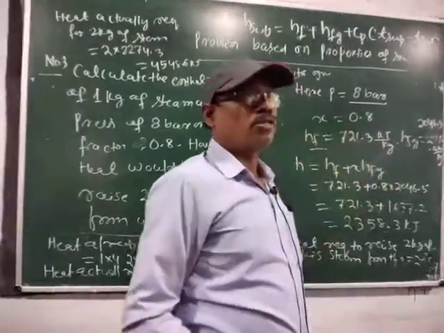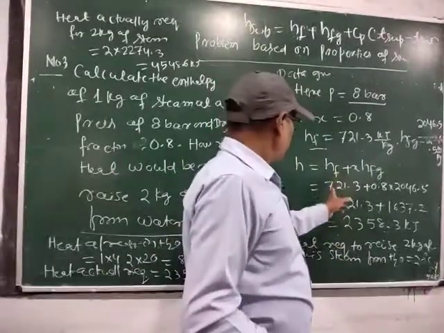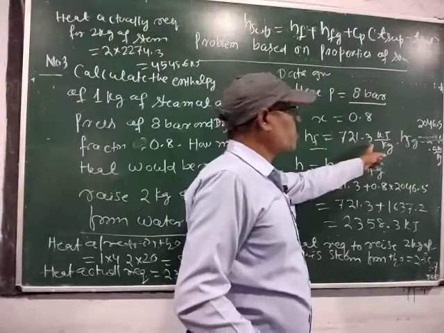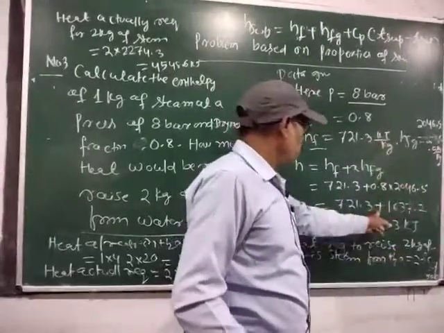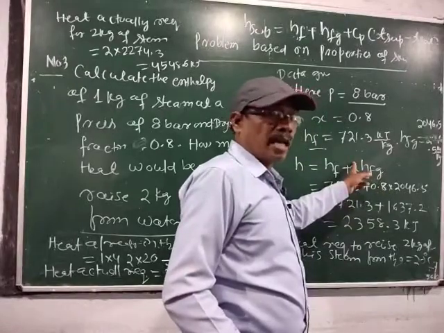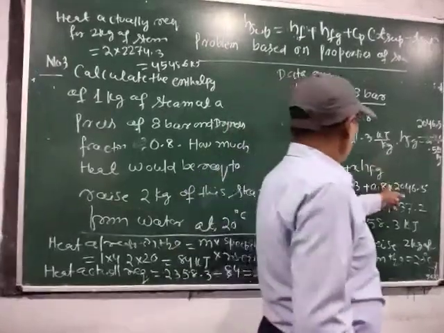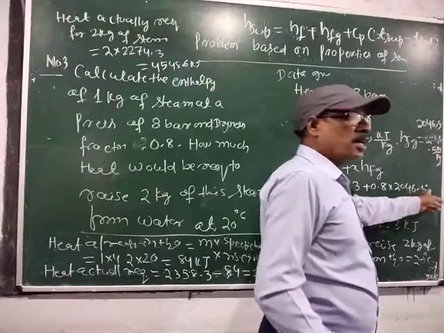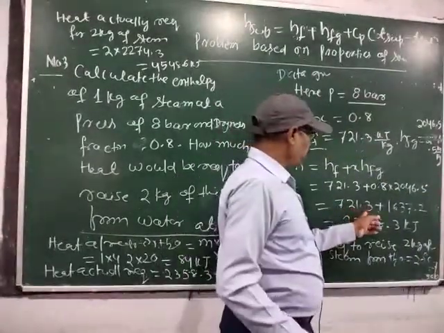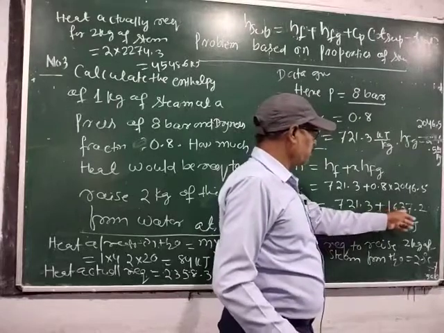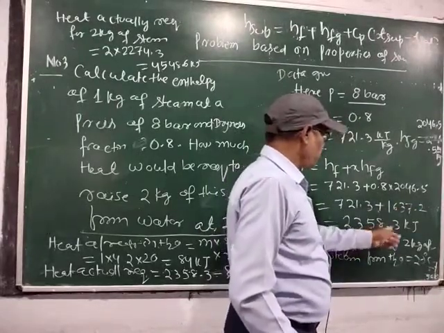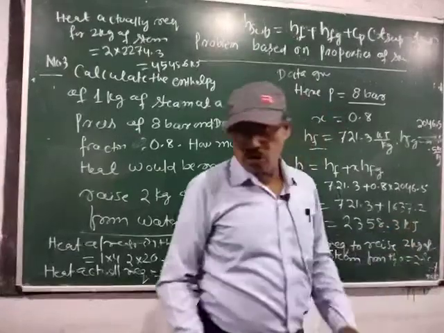Putting all the values, we have 721.3, that is HF from steam table, plus 0.8, dryness fraction, into 2046.5, is equal to 721.3 plus 1637.2 is equal to 2358.3 kilojoule.